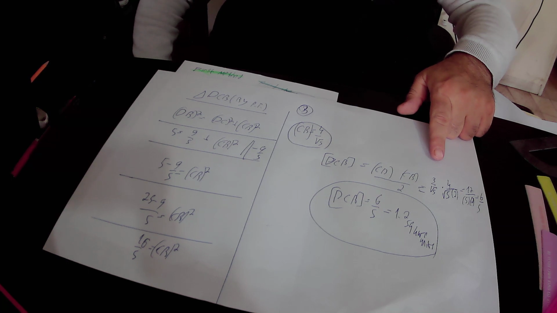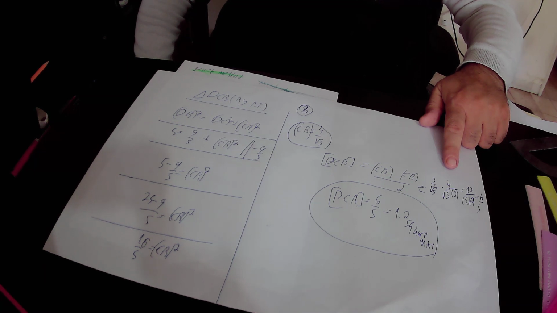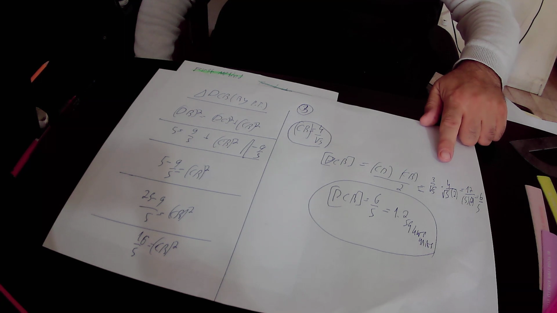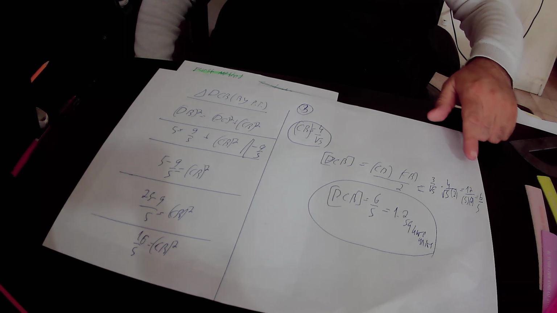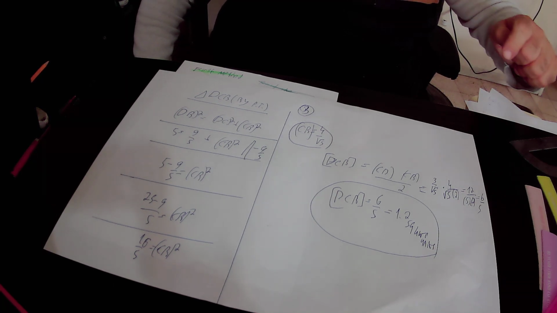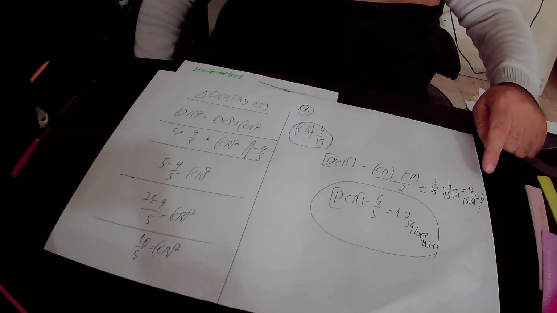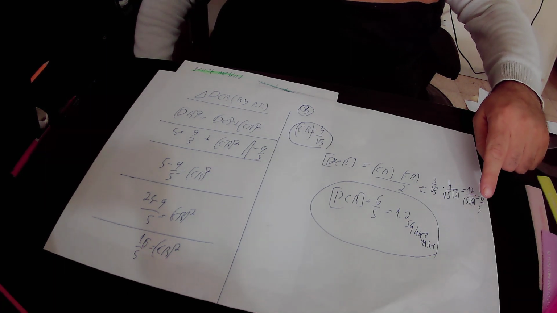CD equals 3 over square root of 5 units, and here CB equals 4 over square root of 5 units, all divided by 2. In the numerator we have 3 times 4, that is 12, and square root of 5 times square root of 5 is 5, times 2. 12 over 2 is 6, so in the numerator we have 6, and in the denominator we are left only with 5.